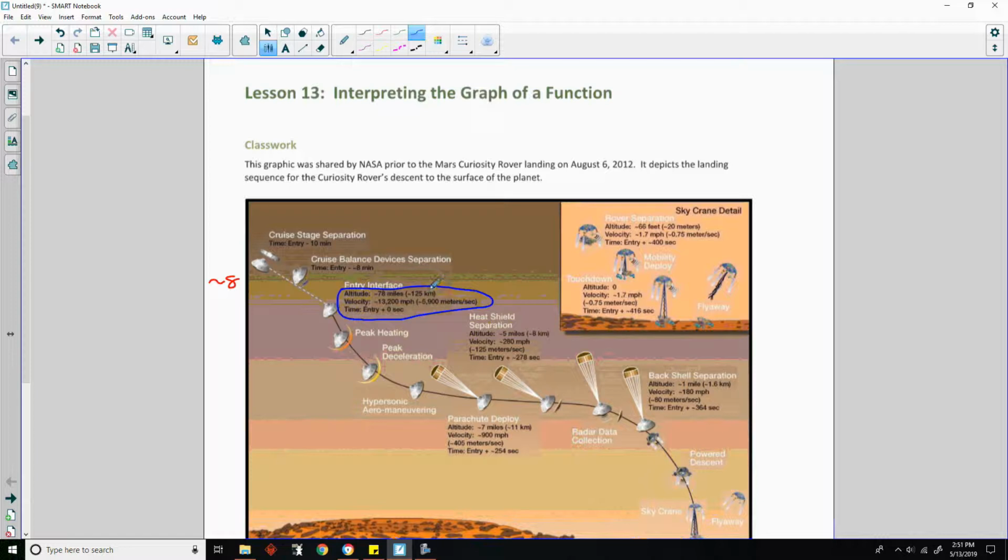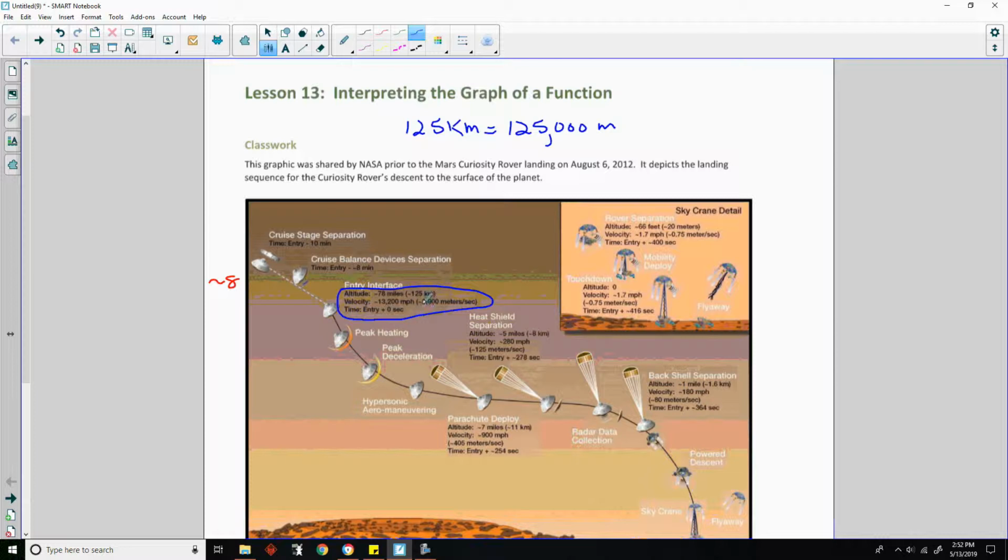So we're going to use the kilometers here and change it to meters. A kilometer is 1,000 meters, so 125 kilometers is 125,000 meters. So I'm just going to write that for the first.